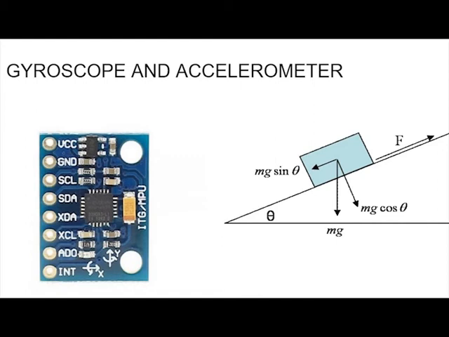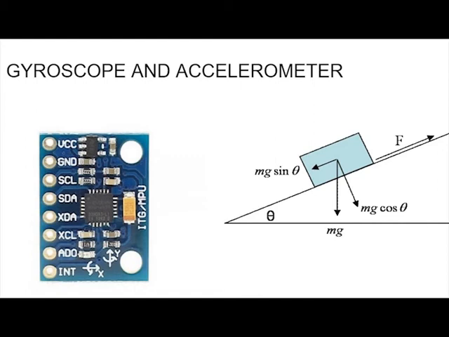The interrupt pin indicates that data is available in the sensor, and hence the communication between the sensor and the microcontroller begins.